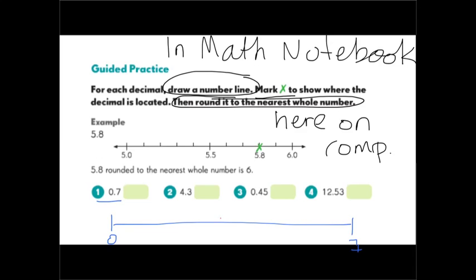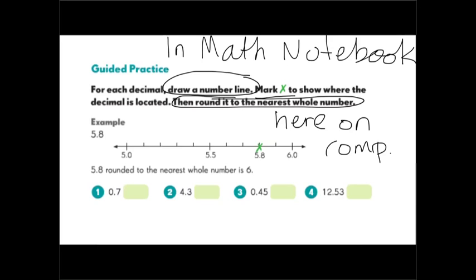We know that right here is 0.5 and right here is 0.7. So 0.7 is closer to 1. Like my really messy one, I'll try to have better handwriting next time.